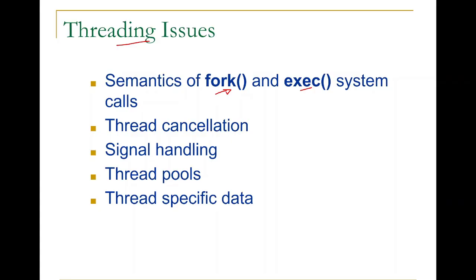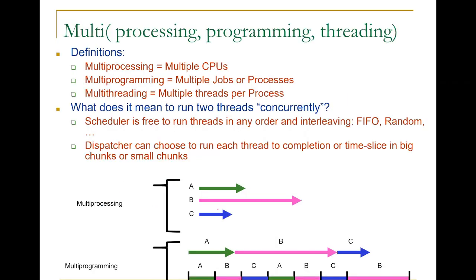So sometimes our systems tend to either crash or shut down because of some of these commands. But as modern operating systems keep going, it gets better and better. We have thread cancellation, signal handling, thread pools, and then thread specific data. That's some of the problems.